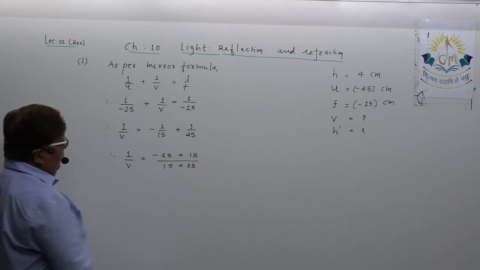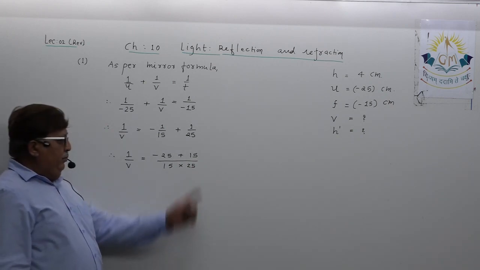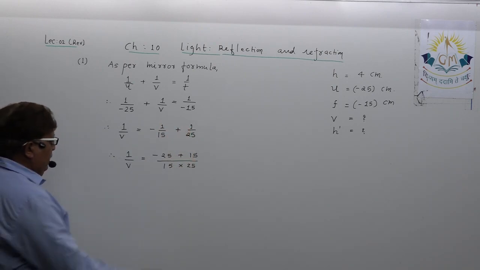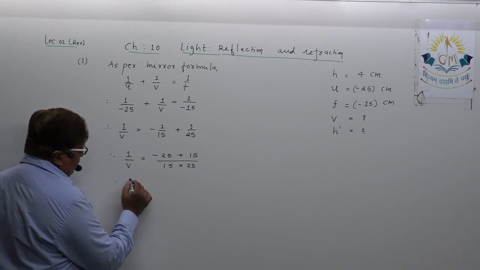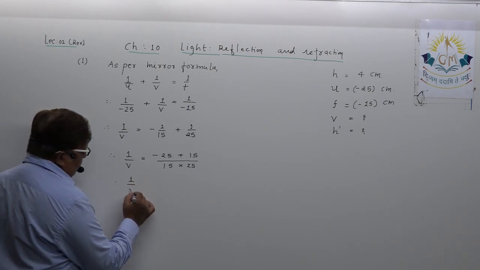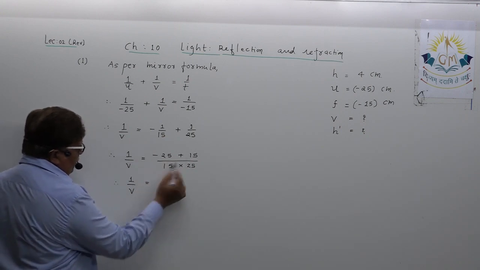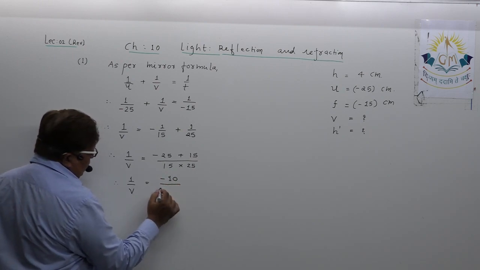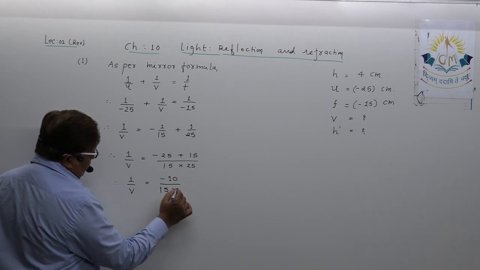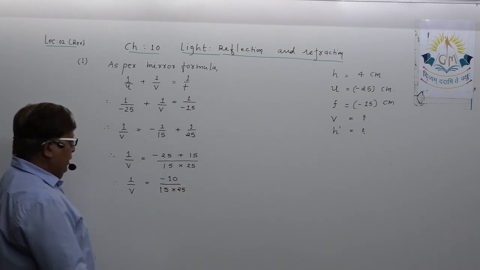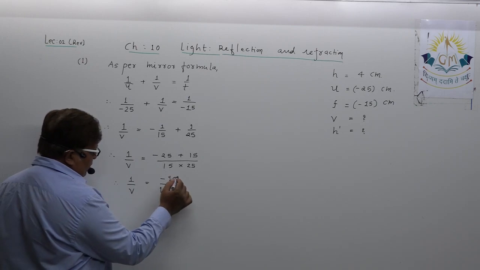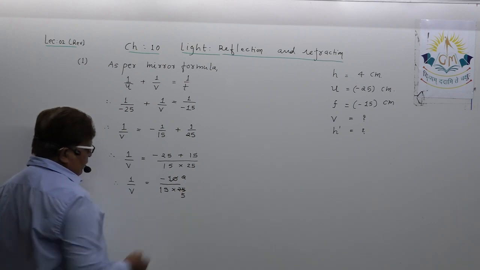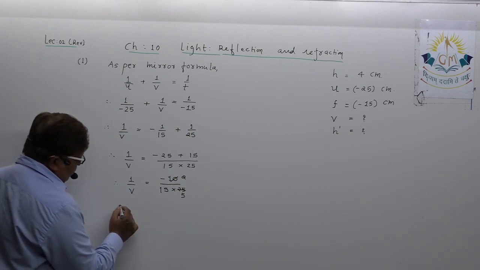This is the easiest way to take the LCM. So 1 upon v equals minus 10 upon 15 into 25. Just carry out the necessary cancellation: 5 twos are 10, 5 fives are 25. This is the only cancellation possible.